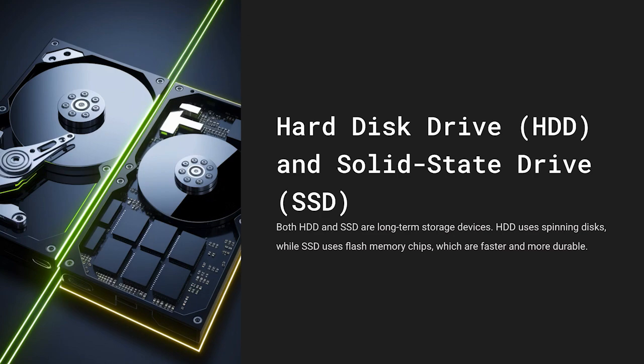So knowing that the hard drive is the long-term memory of your computer, it stores everything: documents, pictures, music, games, the operating systems. Unlike RAM, these hard disk drives do store the data even after you turn off your computer.